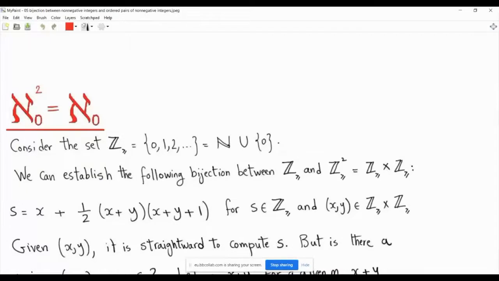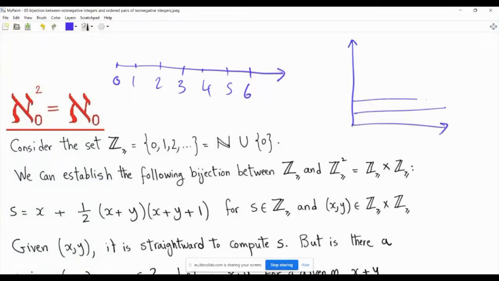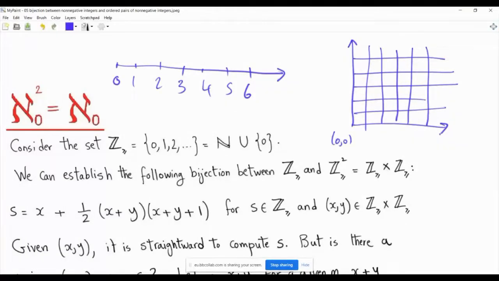So let's establish a bijection, which is sort of a cool problem. Between the set of non-negative integers, 0, 1, 2, 3, 4, 5, 6, and so on and so forth, and the ordered pairs of non-negative integers. So this is the grid or lattice that looks like this, and we have here (0,0), (1,0), (0,1), (1,1), and so on.